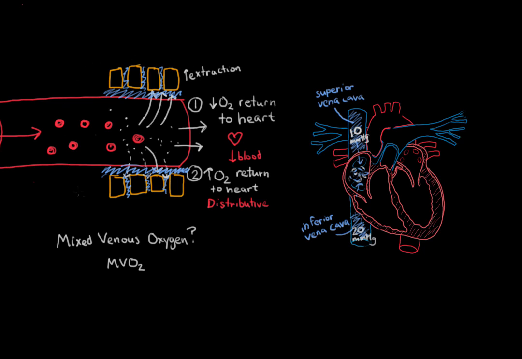Going back to our little blood vessel here, if oxygen can be pulled from the vessels to the tissues effectively, like in cardiogenic shock or hypovolemic shock, then the mixed venous oxygen will be lower in the right atrium, because more oxygen has already been pulled from the blood vessels, and therefore less oxygen can return to the heart. Conversely, if it's distributive shock, oxygen does not effectively get pulled from the blood vessels. It doesn't get to the tissues, and so it remains in the blood vessels, and therefore we will have a higher mixed venous oxygen content when we measure it in the right atrium.